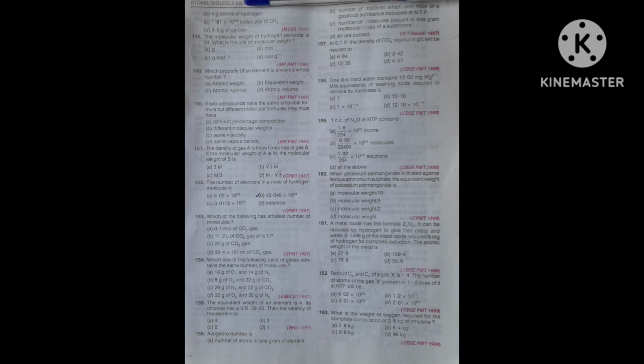Then for 1 cc, how many molecules are there? Easily you can calculate, convert into atoms, and then into electrons. Comparing with the given options, all three are possible. Means option D is correct, all the above.